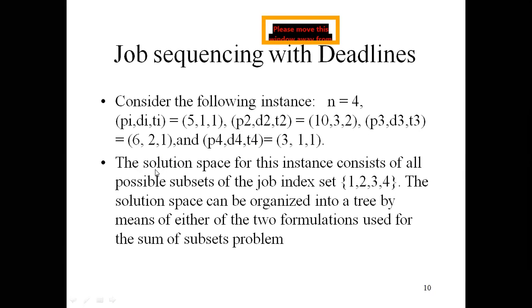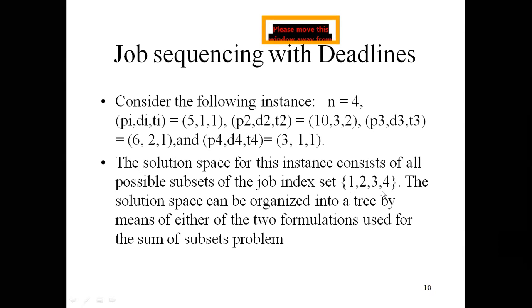So what is the solution space for this instance? It consists of all possible subsets of the job index set. That is, 1, 2, 3, 4 are the 4 jobs given. For each job, the processing time required for completing the job, the deadline, and the penalty are given.